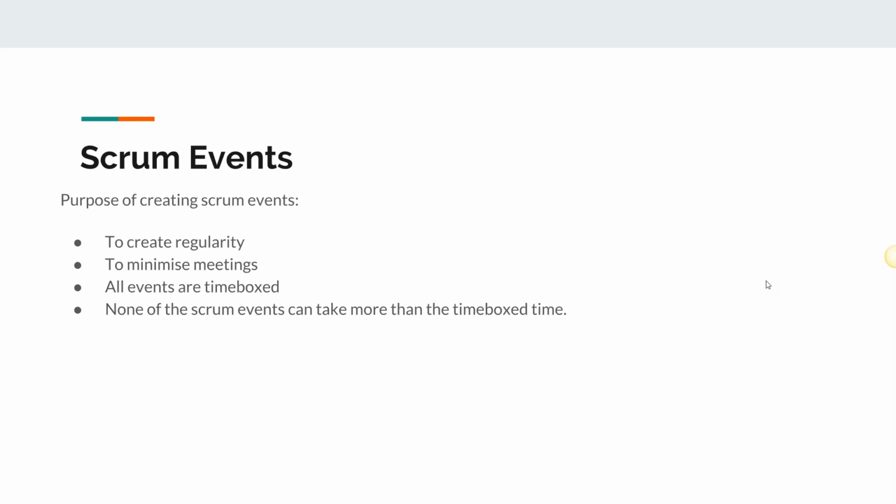So something called a Scrum event was introduced for the simple reason that probably these people felt that too much time gets spent in meetings, and regular intervals is when these meetings have to happen. That is why something like Scrum event was introduced.